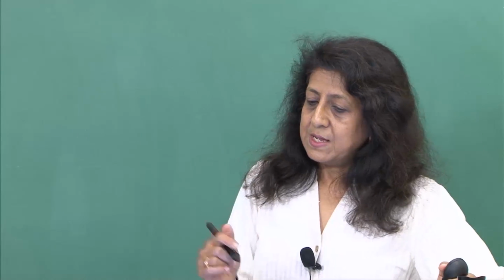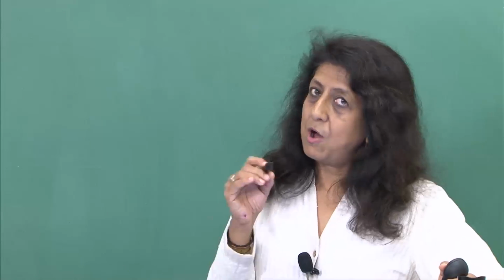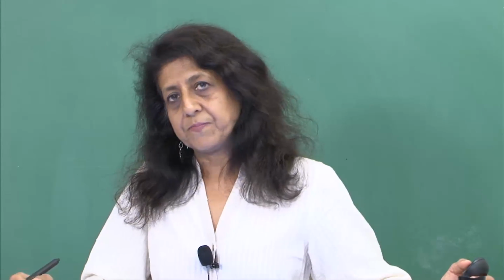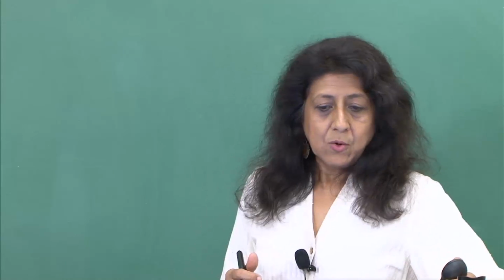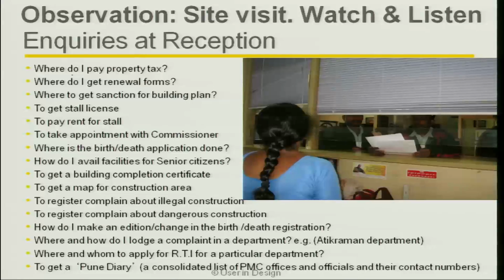So what we did is we went to the reception of the corporation building and we just hung about over there. We just stood near the reception. And in a very short time, we arrived with all these questions. This is what people were coming and asking. Where do I pay property tax? Where do I get a stall license? Where do I get a map for a construction area?